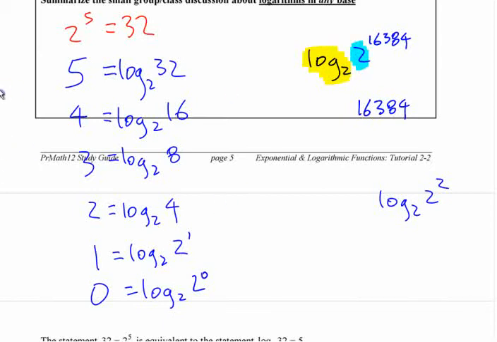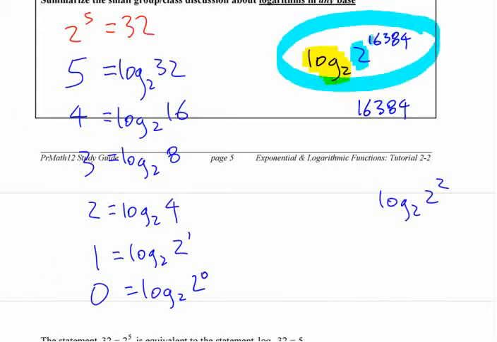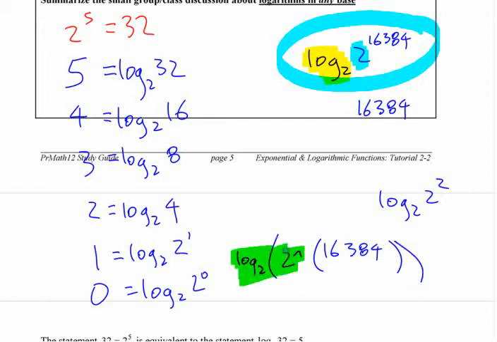If I had those keys on my calculator, I'd put in 16,384, push the 2 to the power of key, and then push the log base 2 key. What do these two functions do? Log base 2 and 2 to the power of. They're inverses. They cancel each other out.